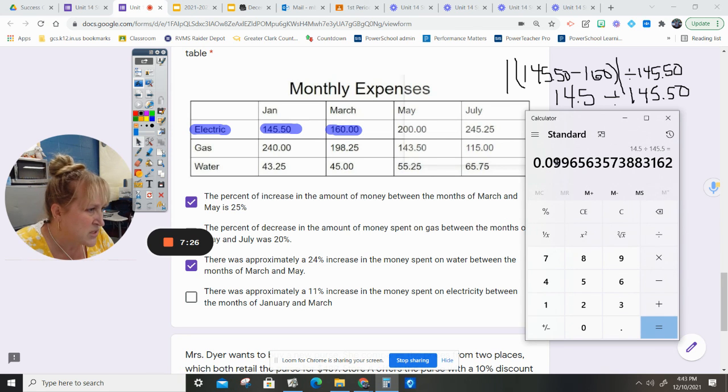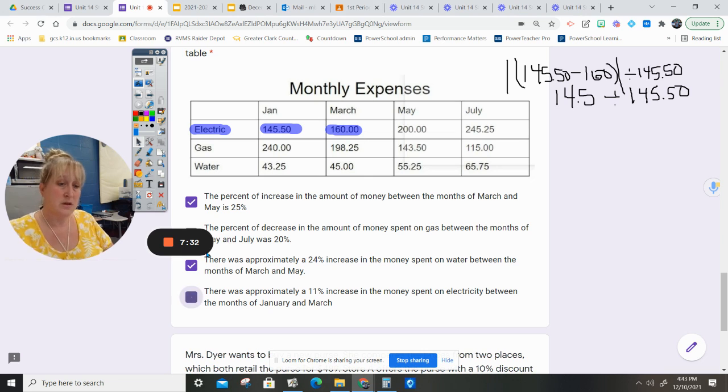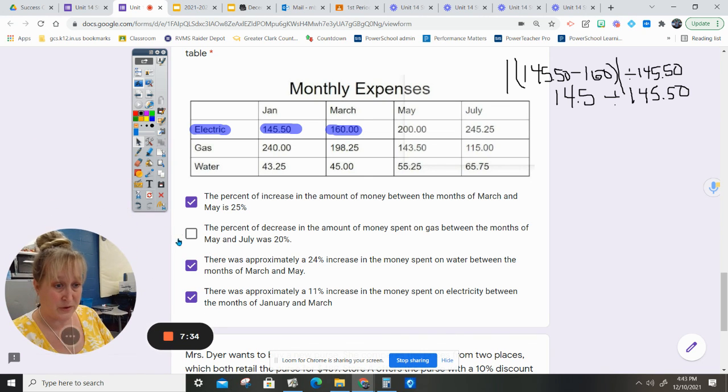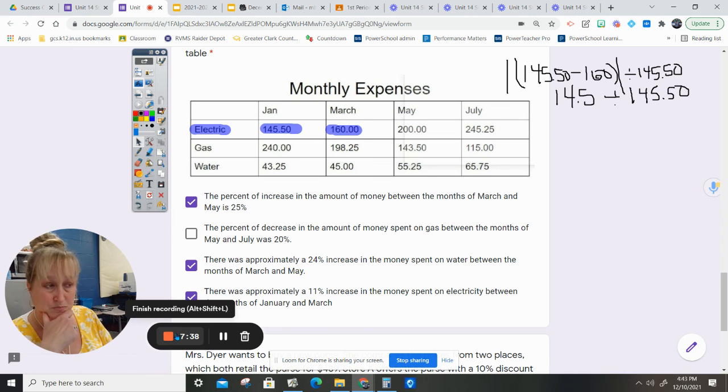That's about 10%, right? Because I have to move my decimal. It says about 11%, so I like it. I like the first, the second, and the third answers. They're about right. So hopefully you got it right.